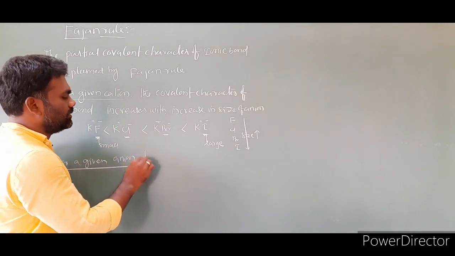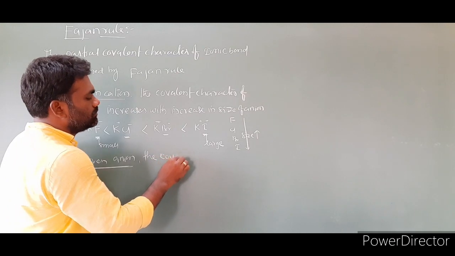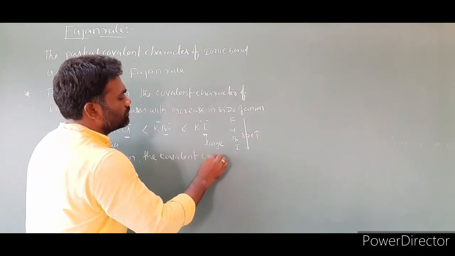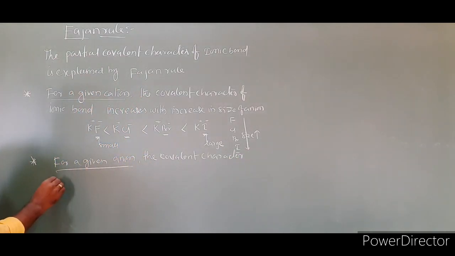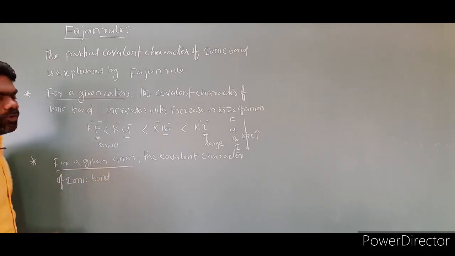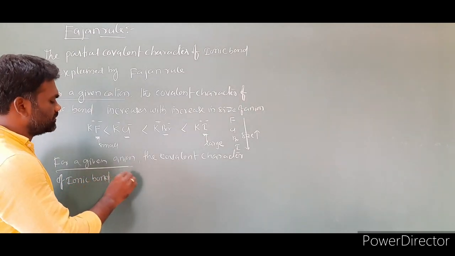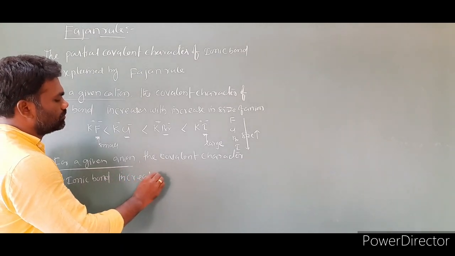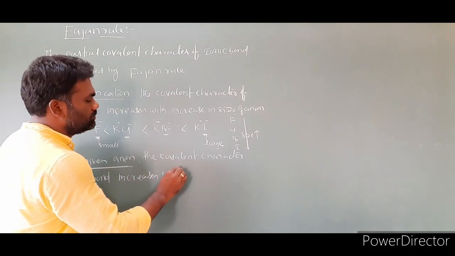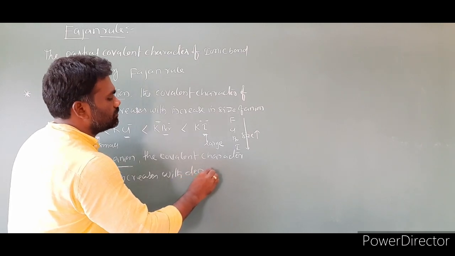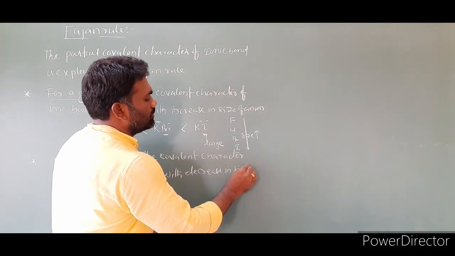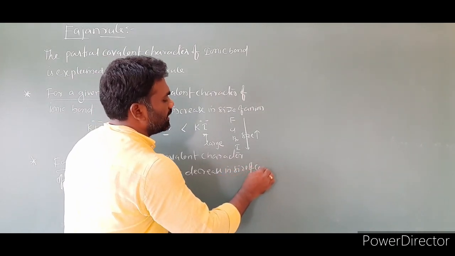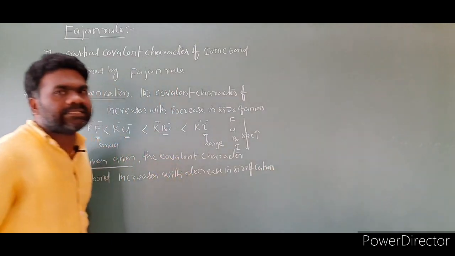For a given anion, the covalent character of an ionic bond increases with decrease in the size of the cation.